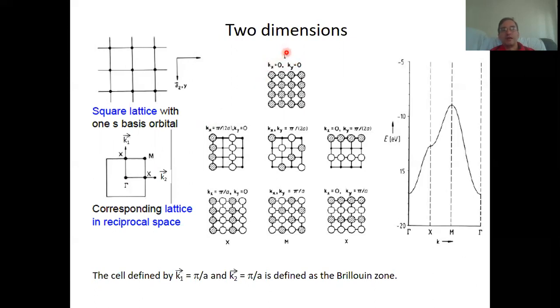So lambda is the origin in our reciprocal lattice, whereby we can also define a reciprocal cell, which is defined by the cell in the reciprocal space in which k1 and k2 vary between 0 and pi over a respectively. This cell is also called the Brillouin zone within the reciprocal space. So it's nothing else but the unit cell within the reciprocal space.